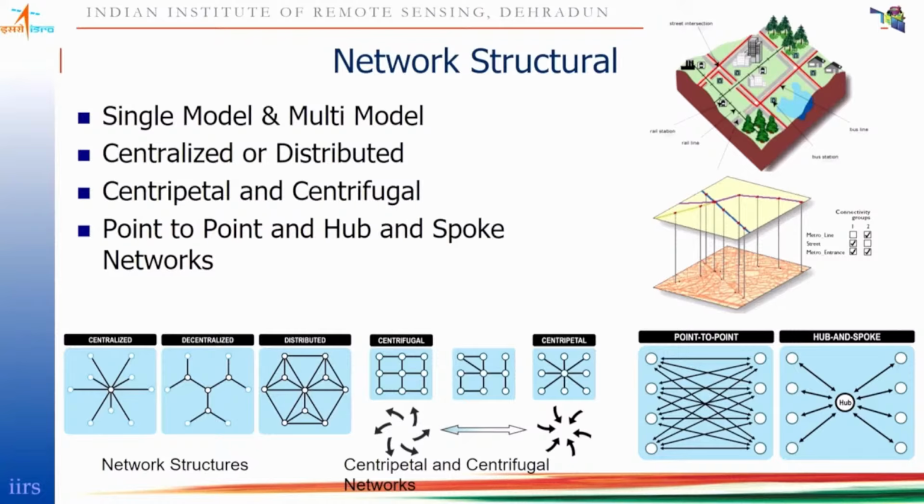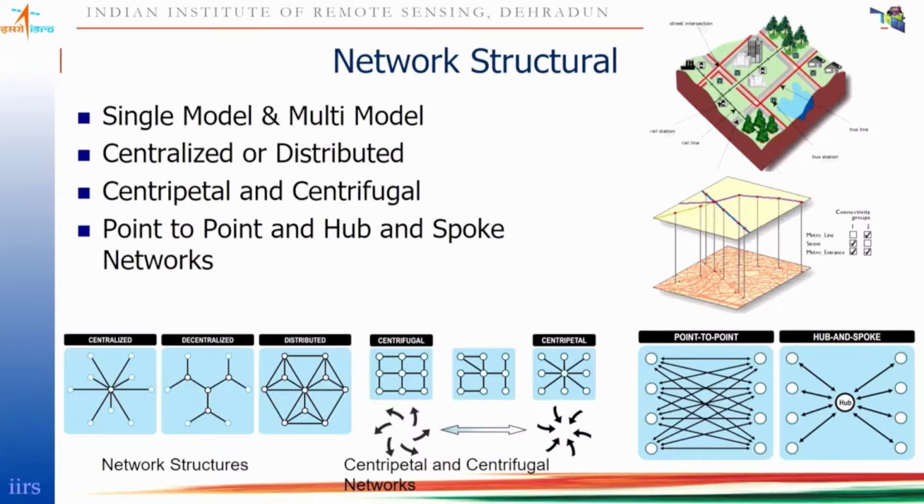For example, if you have all these points connected using edges, and these edges can represent a particular path, then based on that you can define whether the network is centrifugal or centripetal. What it means is that all the traffic flows from the outer ring to the inner ring.